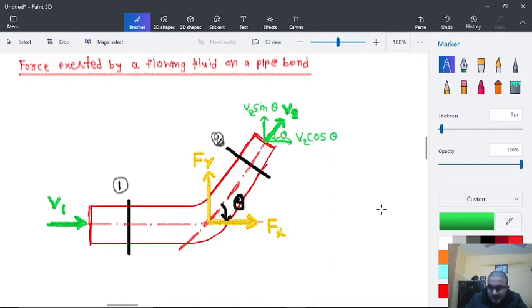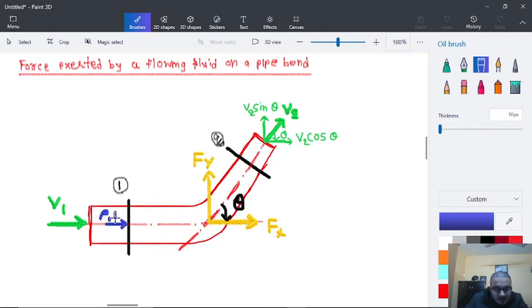Now regarding the forces, let's draw the forces here. The force present here is P1A1, and here the force will be P2A2.